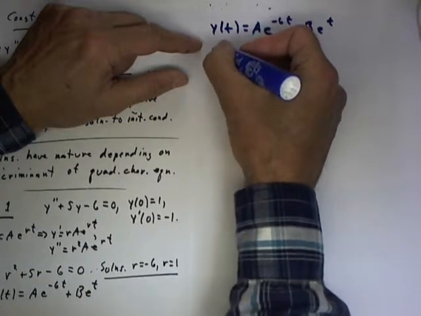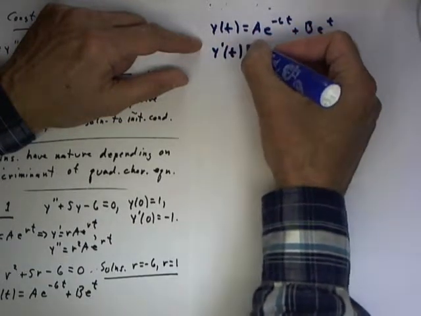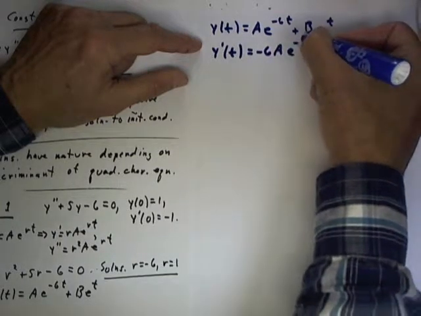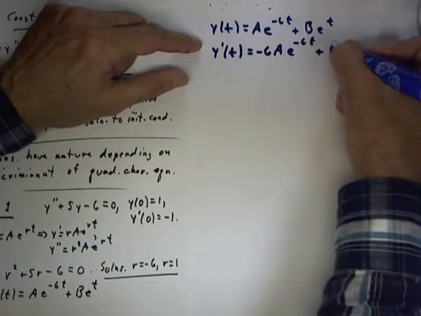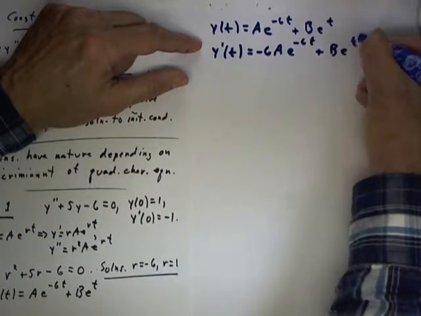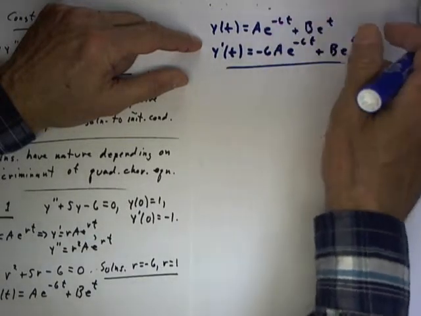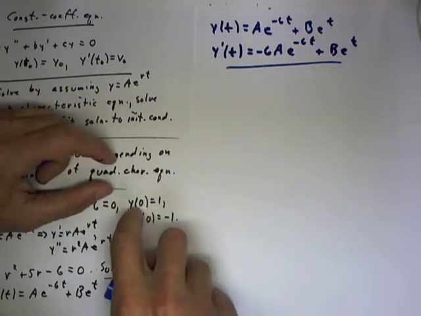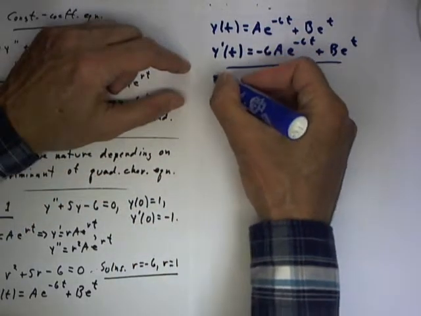Now, y prime of t in this case is going to be what? Negative 6A e to the negative 6t plus B e to the t. And assume you can take these derivatives. We have the initial condition y of 0 equals 1.